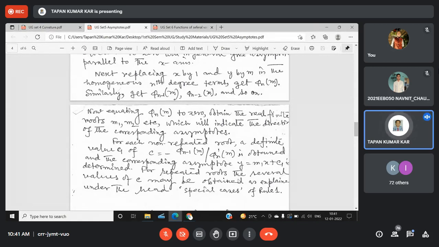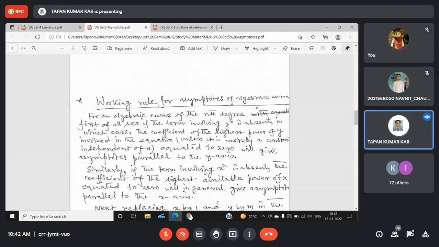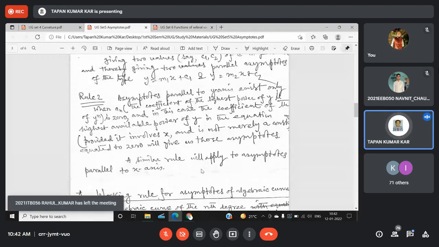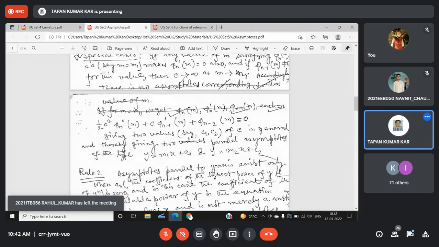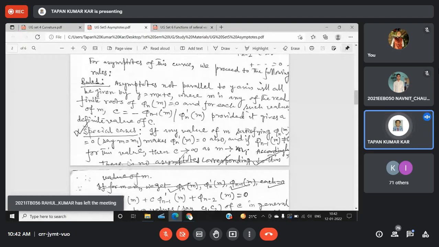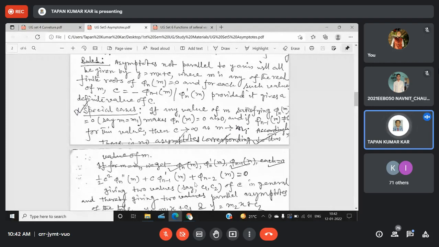For repeated roots, several values of c may be obtained as explained under the head of special case of rule 1. This formula is to be used for repeated roots.